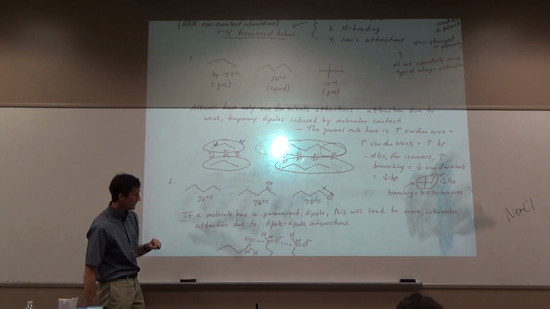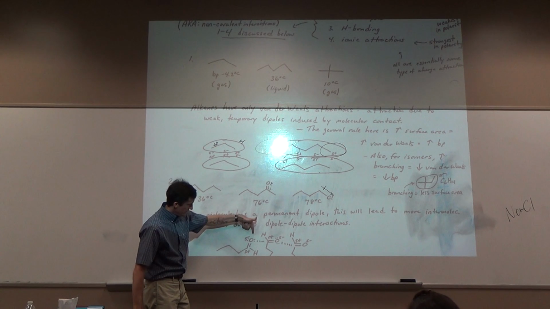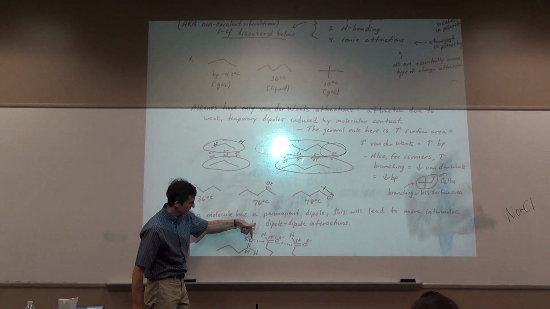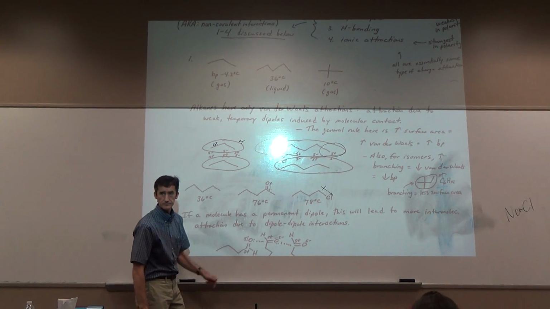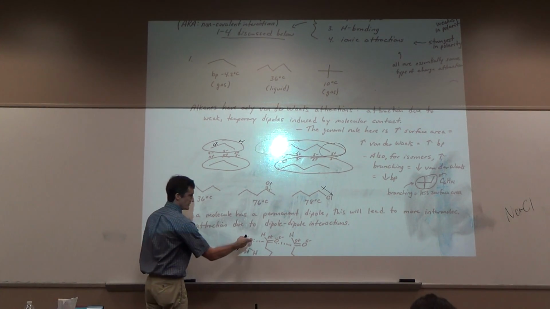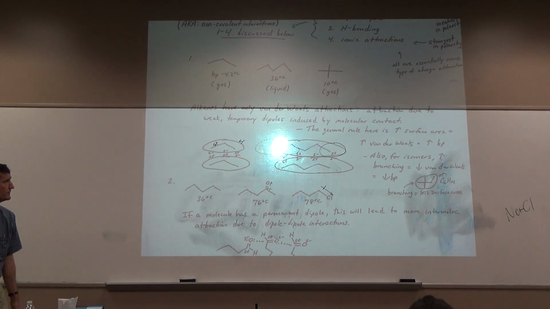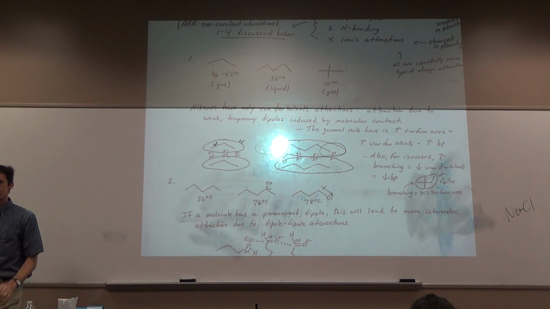And when you got dipoles, what's going on? Of course, here's the dipole for the carbonyl. The partial minus is going to be very attractive to the partial plus of another molecule. So these are holding hands pretty strong, where up here, they were just sort of pinky.